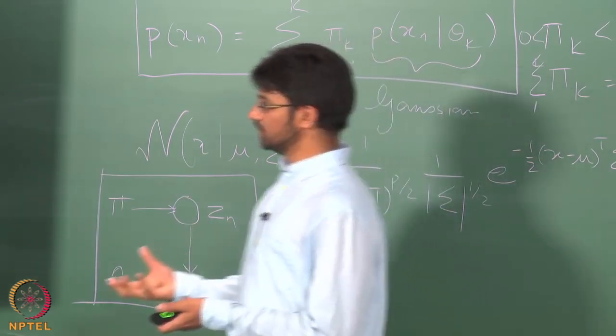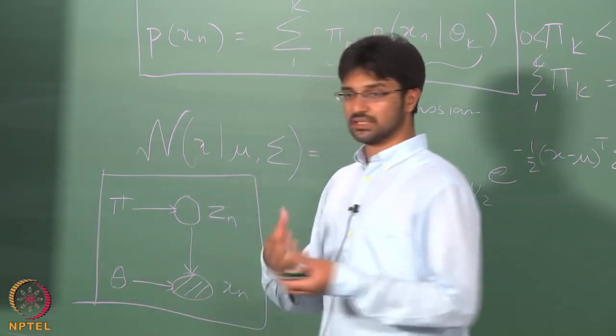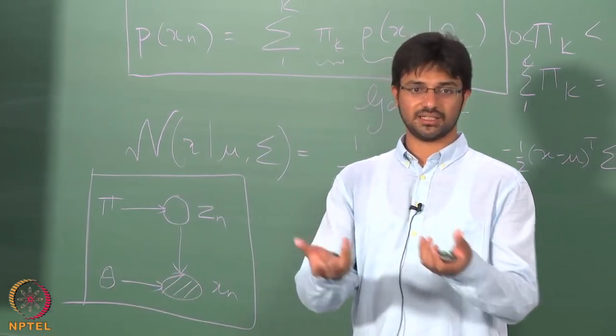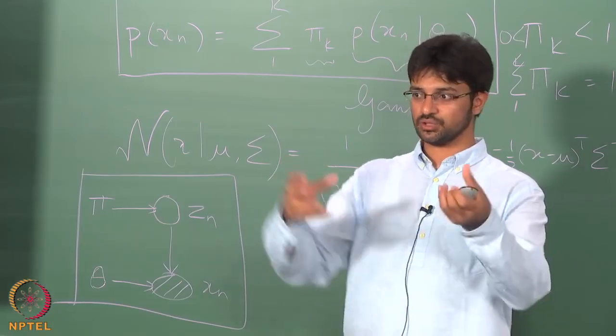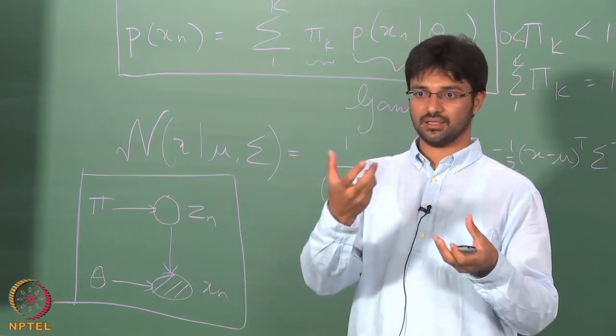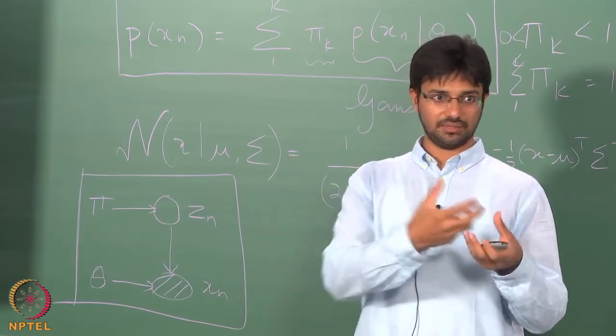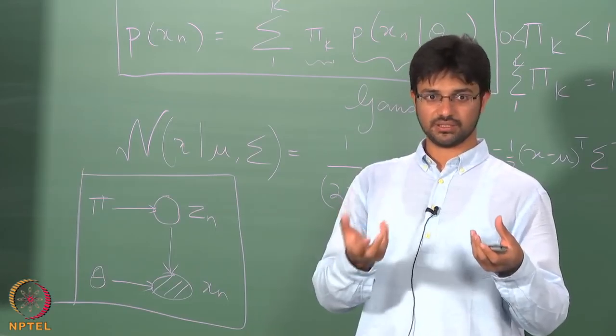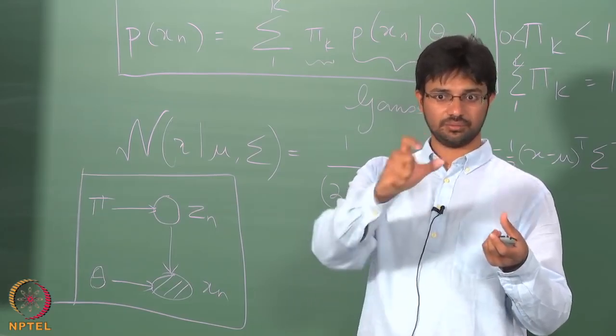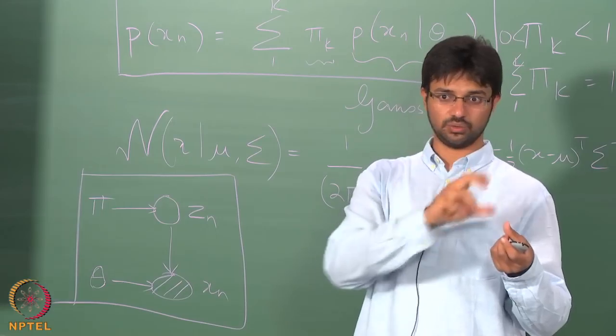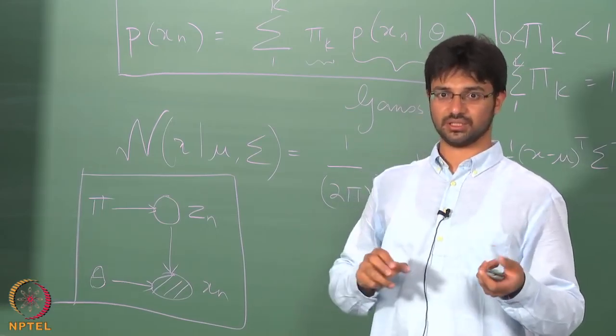So these components, if you are doing a clustering task, are just the cluster labels. Suppose you have 3 clusters and you want the cluster labels, and you fit a Gaussian mixture model there. The component values 1, 2, 3 would just become the cluster labels in that case.